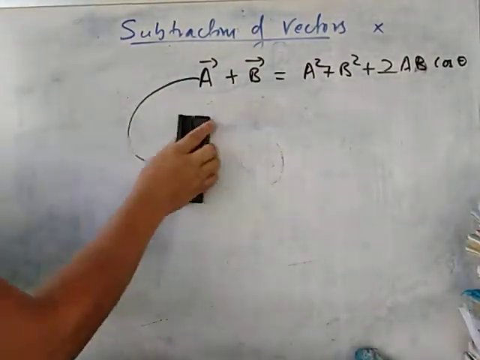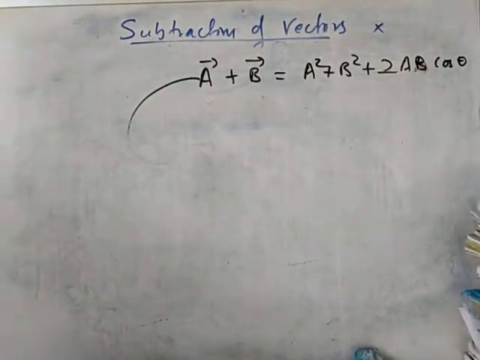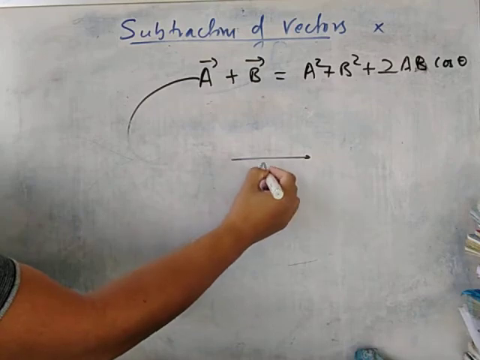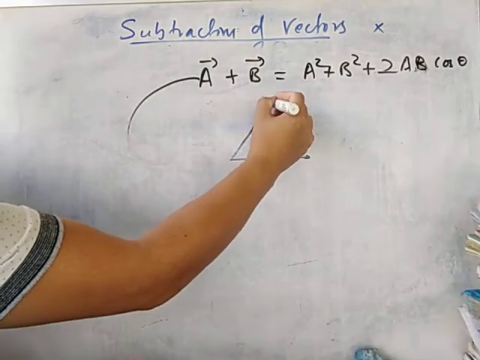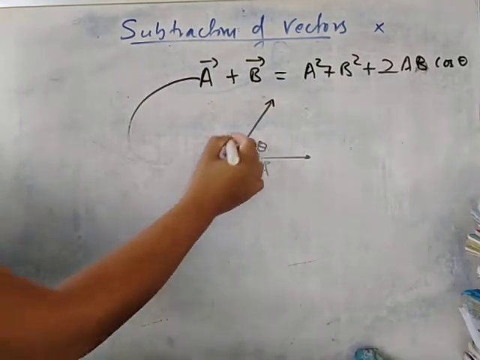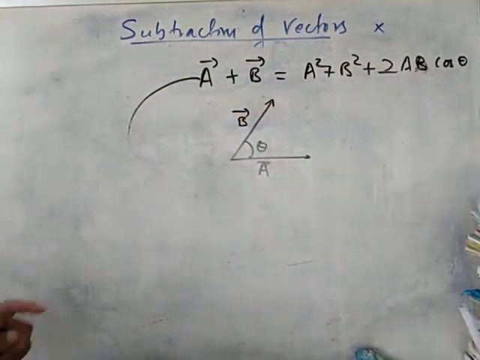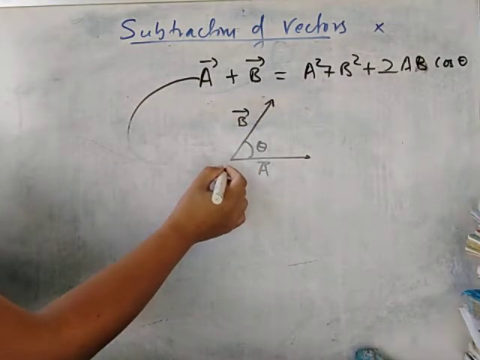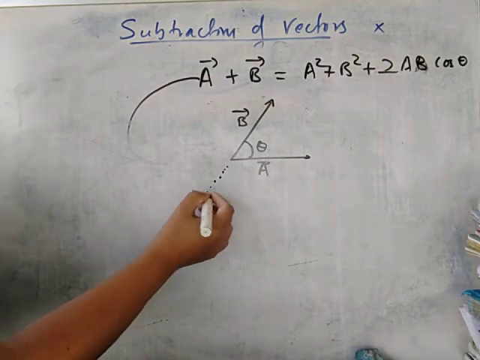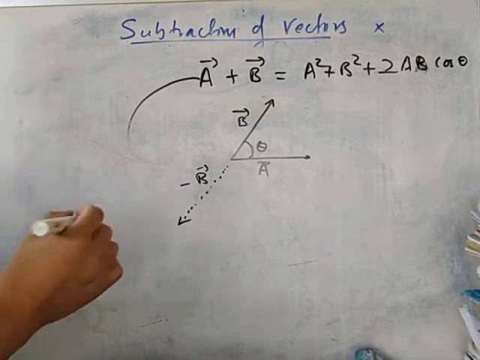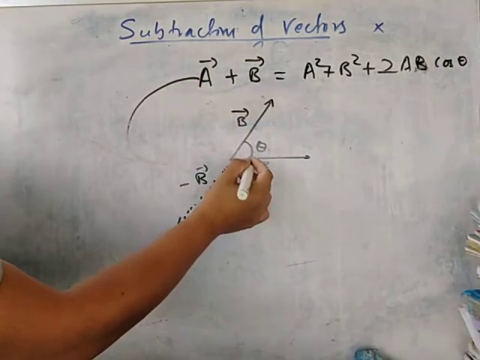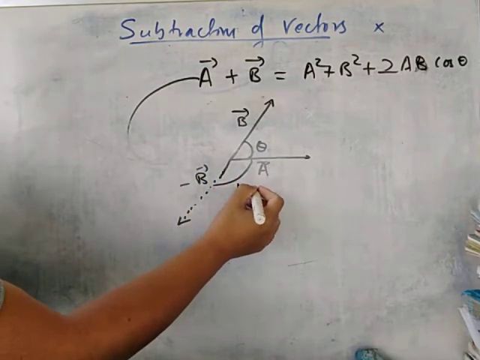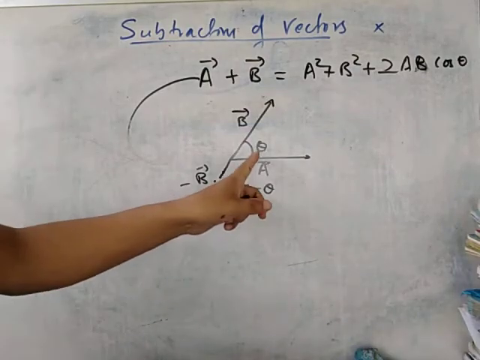If I have vector a and vector b, and the angle between them is theta, then to subtract these two vectors we take the negative of vector b, with its direction changed. So this angle is a linear pair, 180 minus theta.